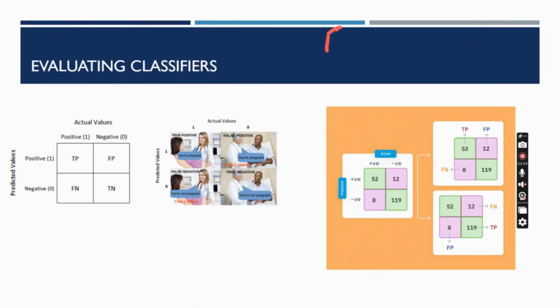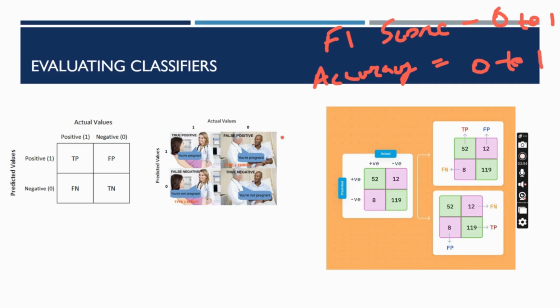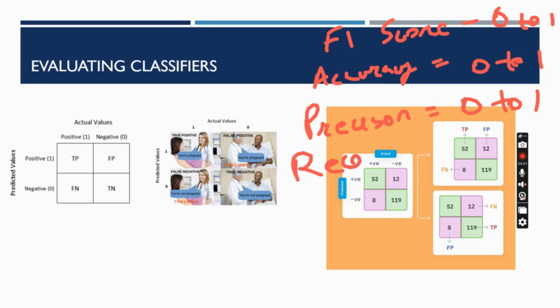So to summarize, we have the F1 score, which is between 0 to 1. We have the accuracy, which is between 0 to 1. We have the precision, which is also between 0 to 1, and we have the recall, which is also between 0 to 1.